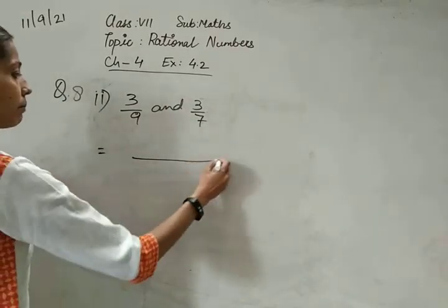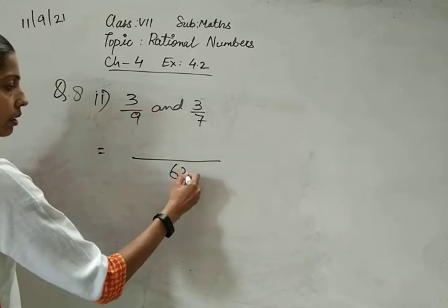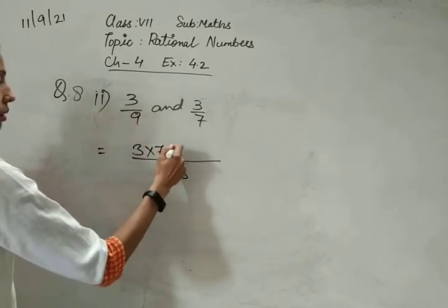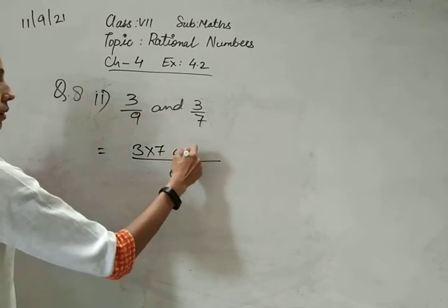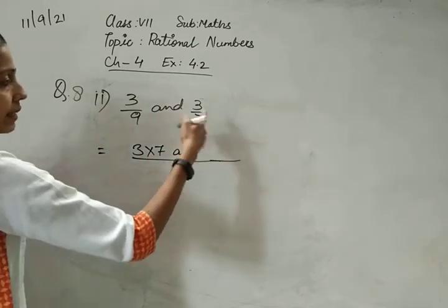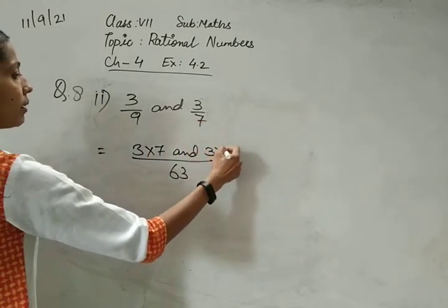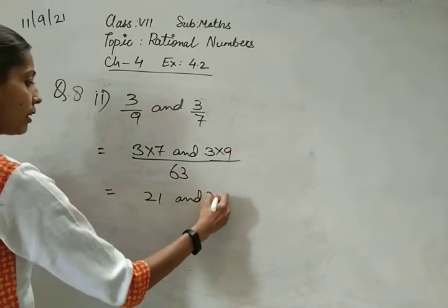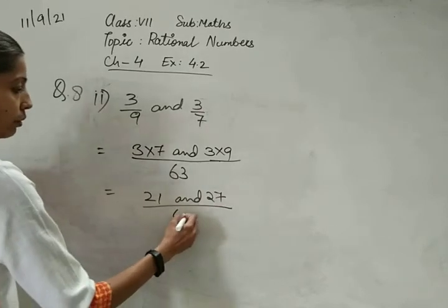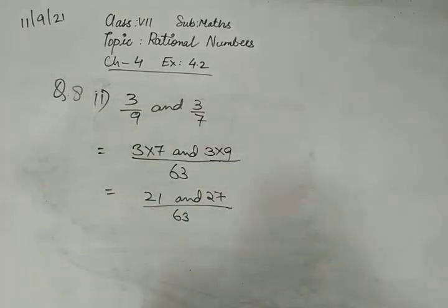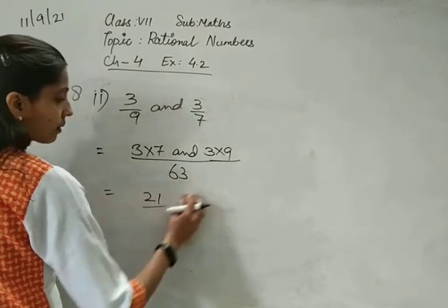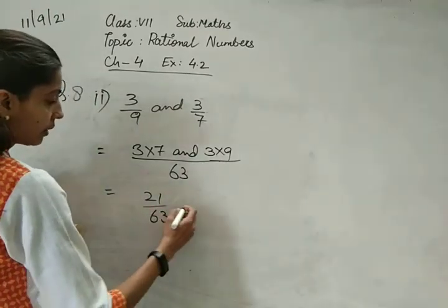First we take the LCM. 7 9s are 63, 9 7s are 63 and 3 7s are 21, and 3 9s are 27. So you have to insert 3 rational numbers between these numbers, 21/63 and 27/63.